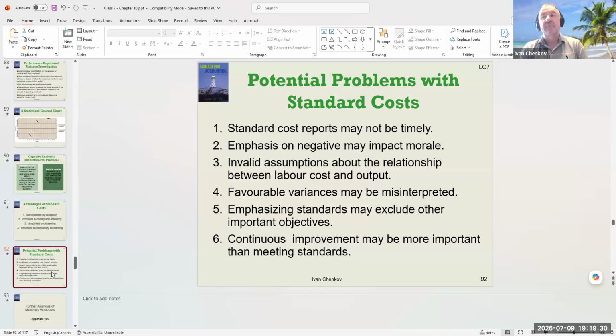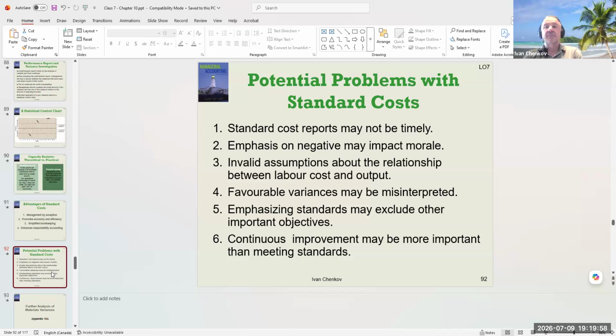A favorable variance may be misinterpreted, the way we saw with the direct material. We see a favorable variance on the price, but that favorable variance is actually the reason why we're overspending money. So that's a perfect example of how cheap things tend to be more costly.